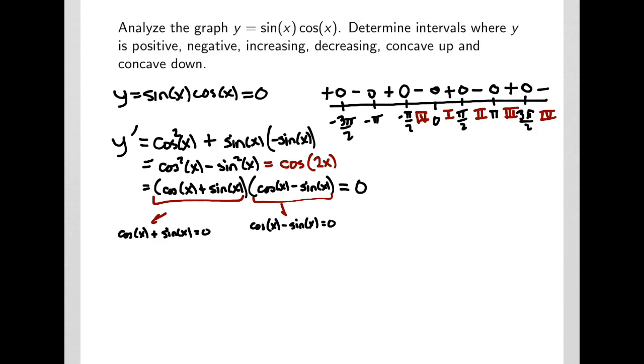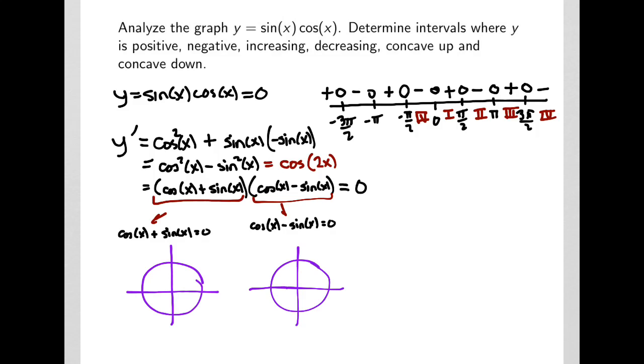So now I have to think about what this means, and this is the part that I think is the trickiest. I need to think about it in the context of the unit circle. So let me draw a unit circle for each problem. And let's think now what this means. Now x in the original problem refers to the independent variable.